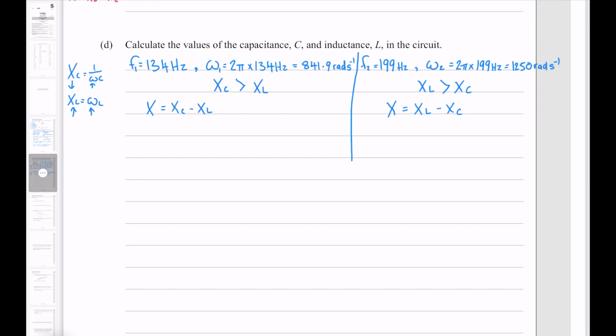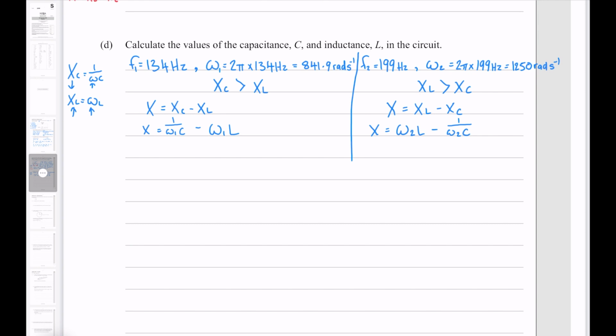Now let us substitute our equations for our reactances. So what I'm going to do here is solve both of these equations for L, which will let me then equate them to eliminate L altogether.